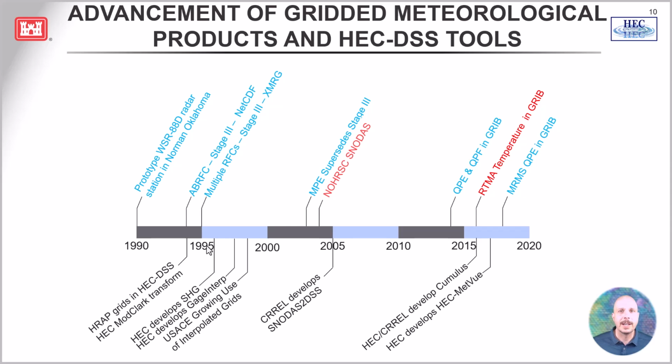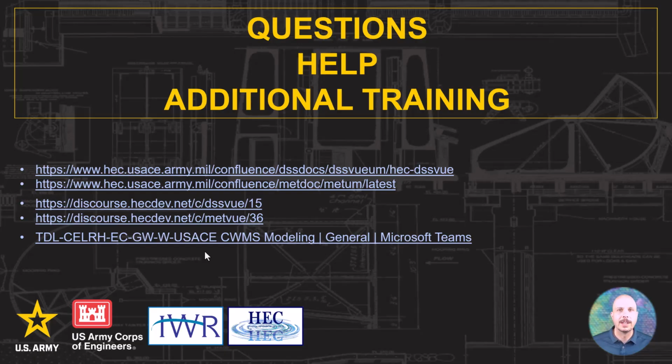It also allows for creating interpolated grids with its MetInterp tool, which supersedes the GageInterp utility. HEC-MetVue offers tons more features too for the processing, visualization, editing, and writing of grids, working with a variety of data formats, NetCDF, GRIB, and of course, HEC-DSS.